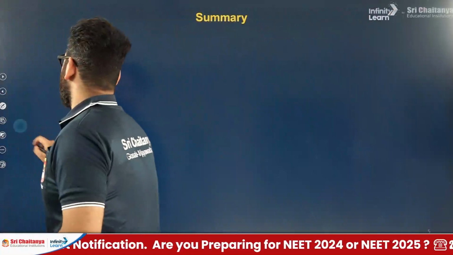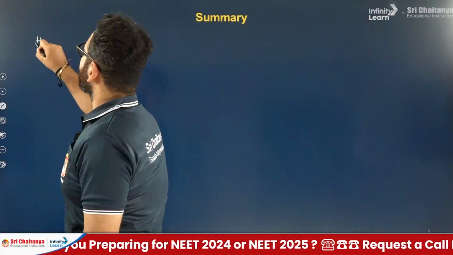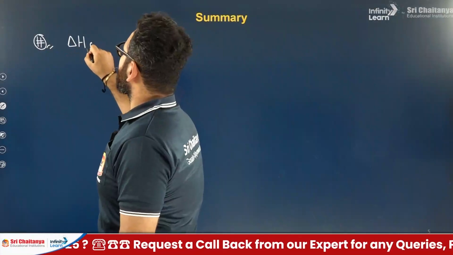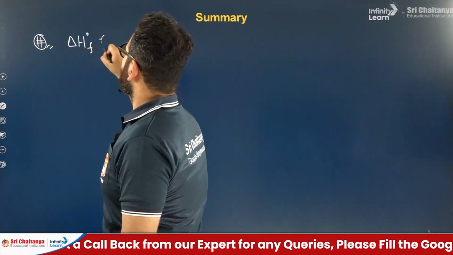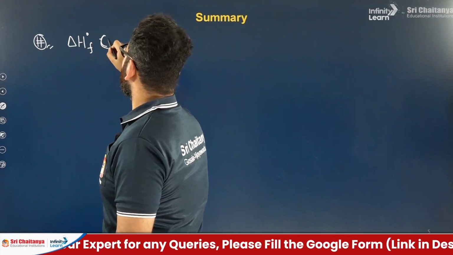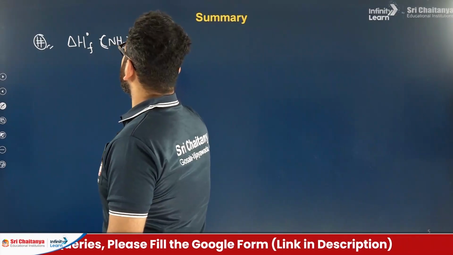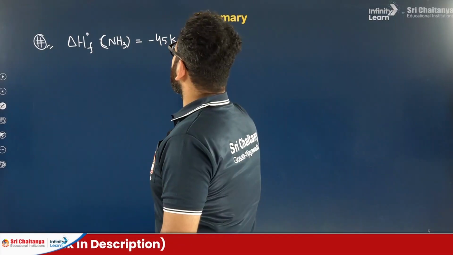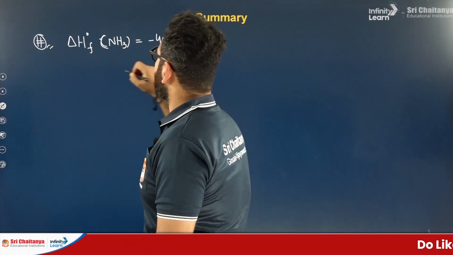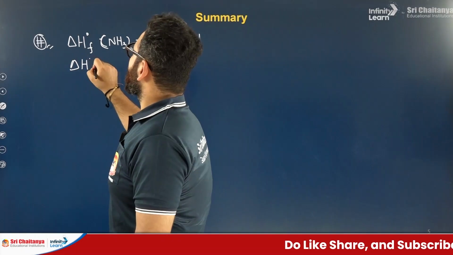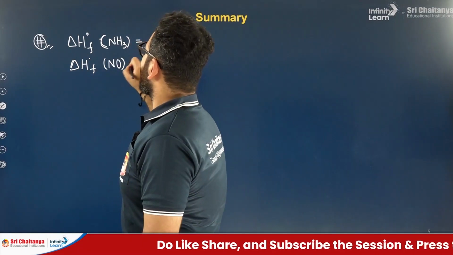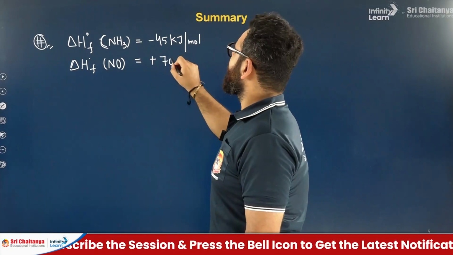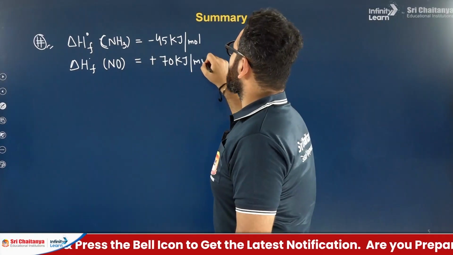You write it down. I am giving you a few values. Delta H formation of ammonia is given as minus 45 kilojoule per mole. Delta H formation of nitric oxide, NO, is given as plus 70 kilojoule per mole.